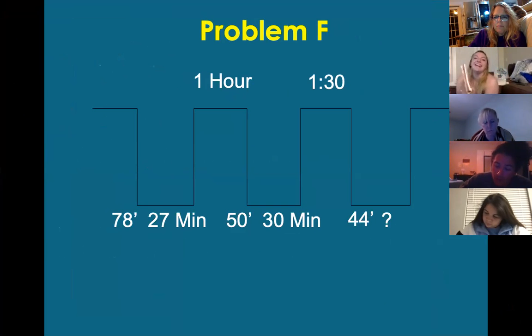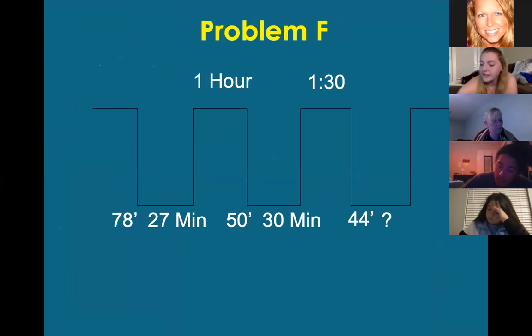Okay, sorry. So this is going to be problem F. The first dive is going to be 78 feet for 27 minutes. And then you're going to have a 1 hour surface interval.